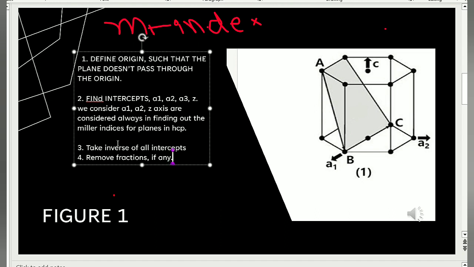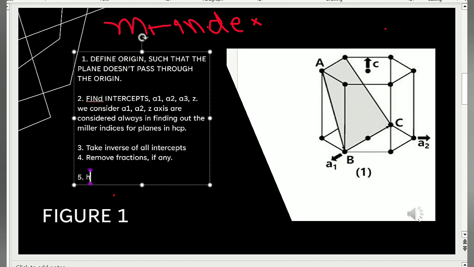Yeah, these are the 4 main steps, and after that you get the indices. The operations that you perform on intercepts obtained for the A1 axis give you the H index, small h.